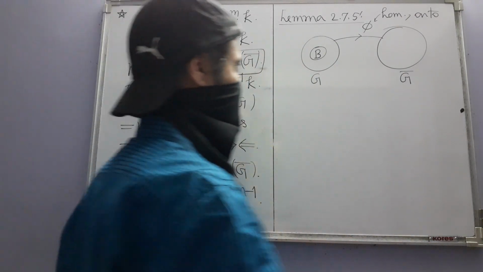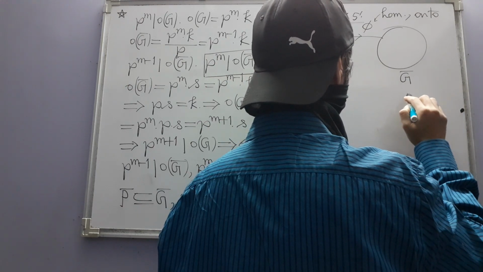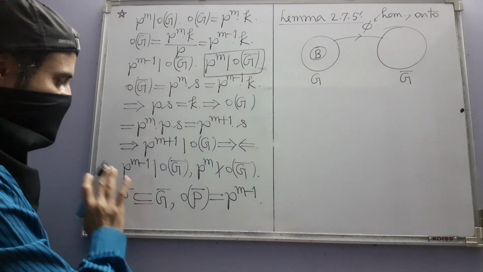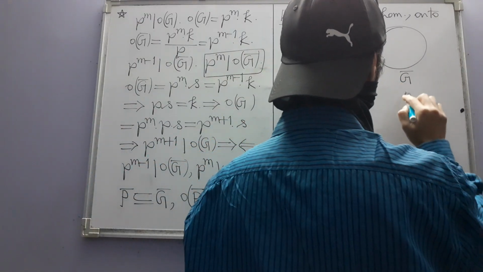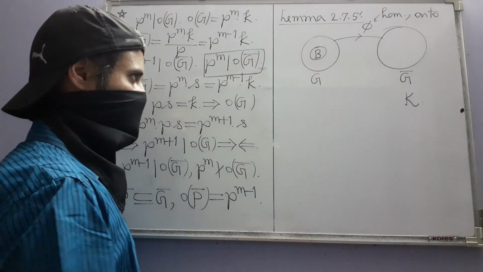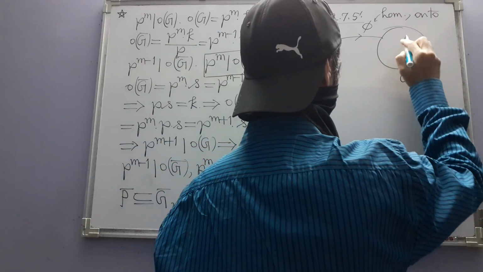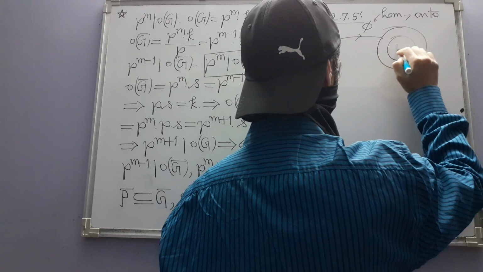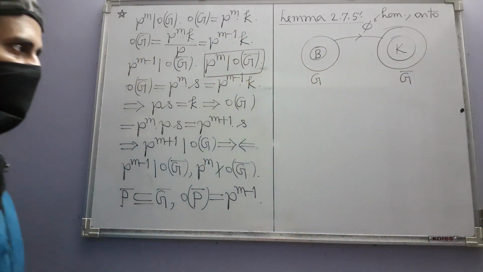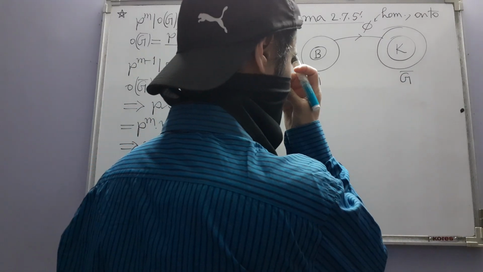Say you take any subgroup whatsoever. Let us not take P bar itself now, but something, say K, which is a subgroup of G bar. K is some subgroup of G bar.